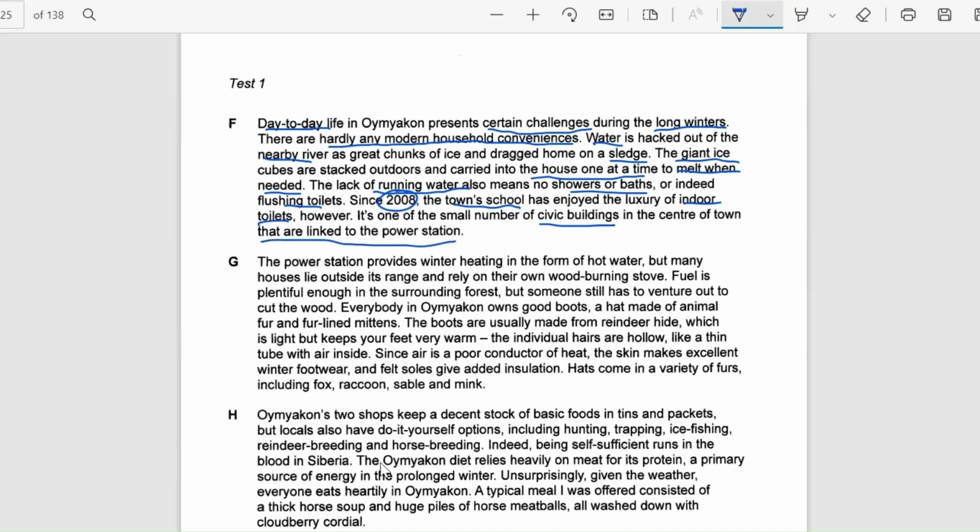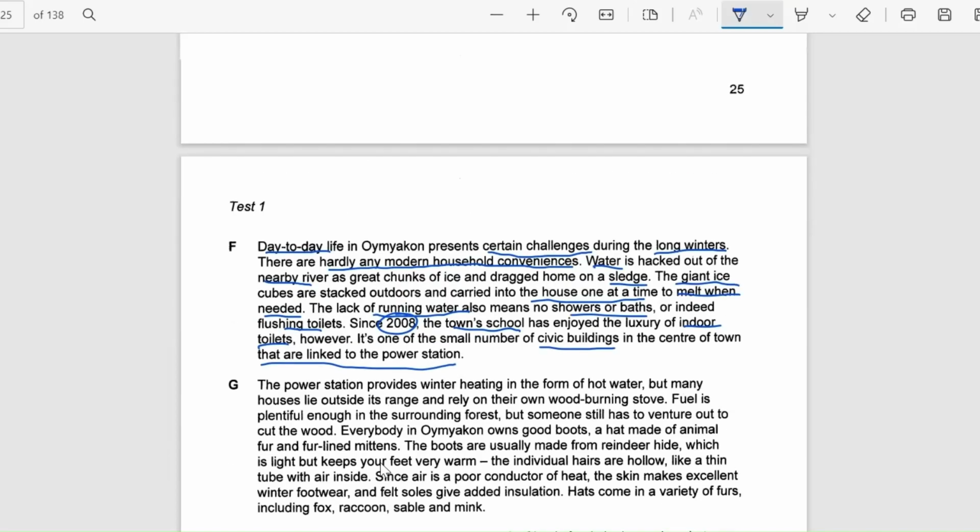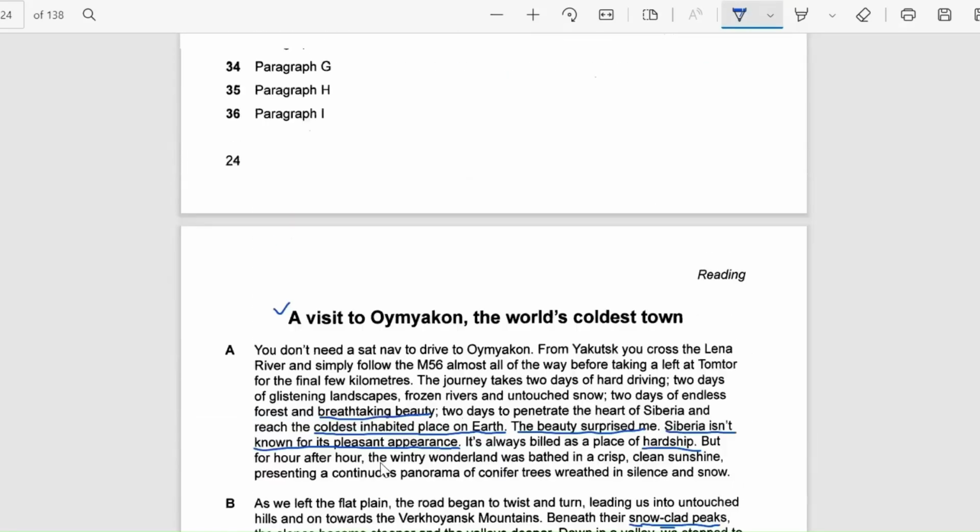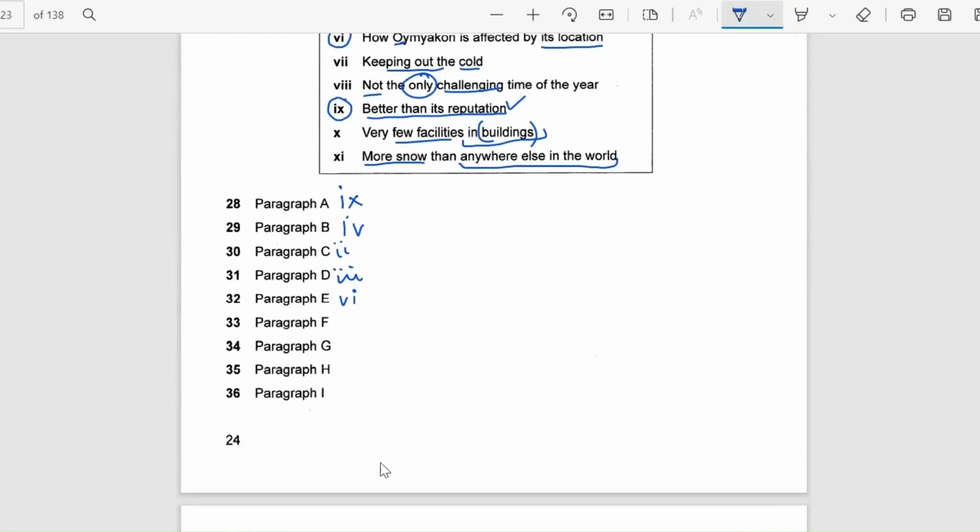Okay, so all in all, it is talking about what kind of provisions, what kind of facilities we see inside. Okay, now if you remember, we talked about one point, which was very few facilities are available indoors or in buildings, and that was point number 10.